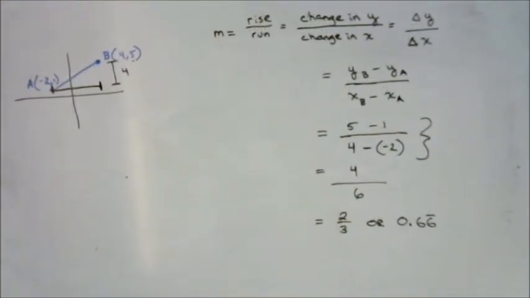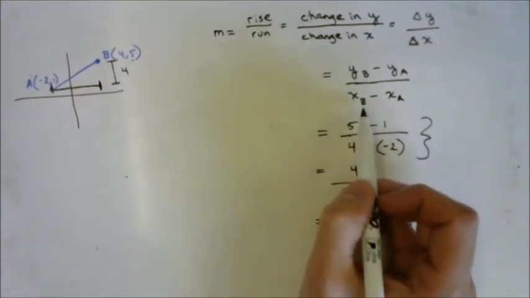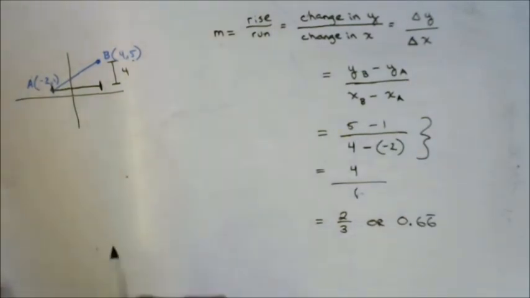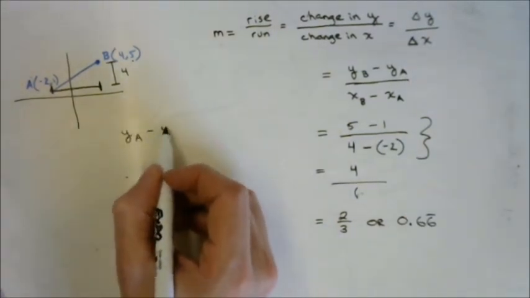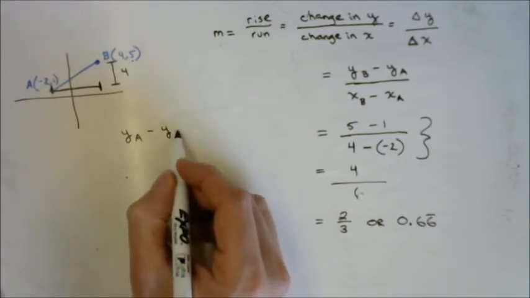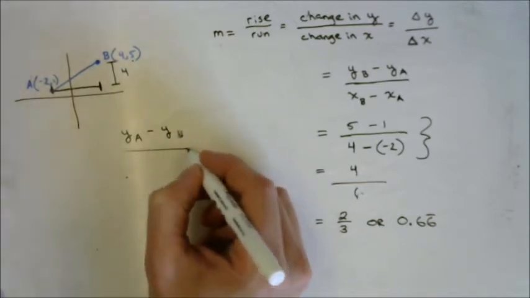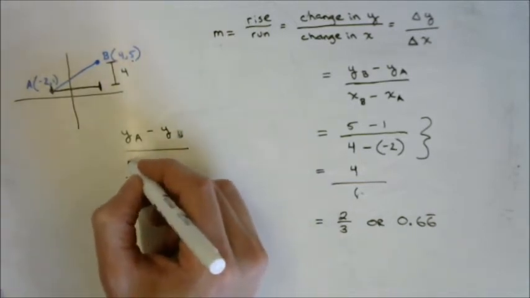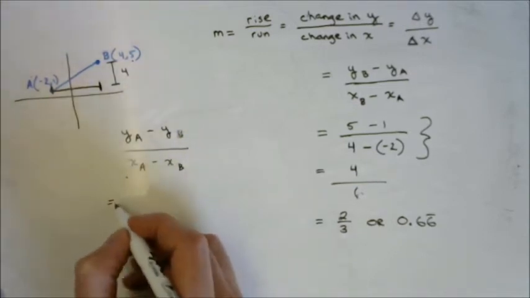Again, guys, pay attention. A quick demonstration as to what happens if I switch my points. Here I called point B point 2 and point A point 1. What if I swap those? What if I take the y coordinate of A minus the y coordinate of B? I can do that as long as I'm consistent in my denominator, taking the x coordinate of A minus the x coordinate of B. Watch what happens.